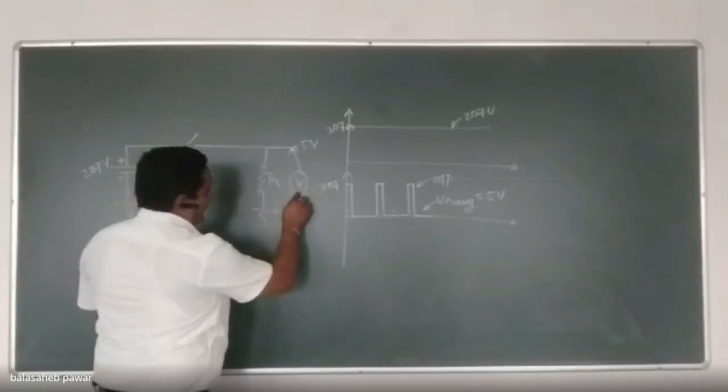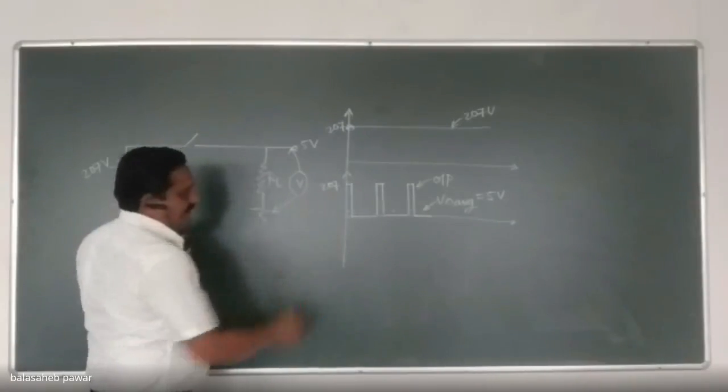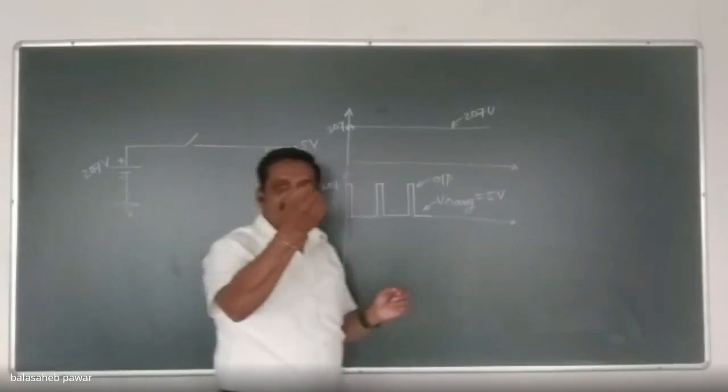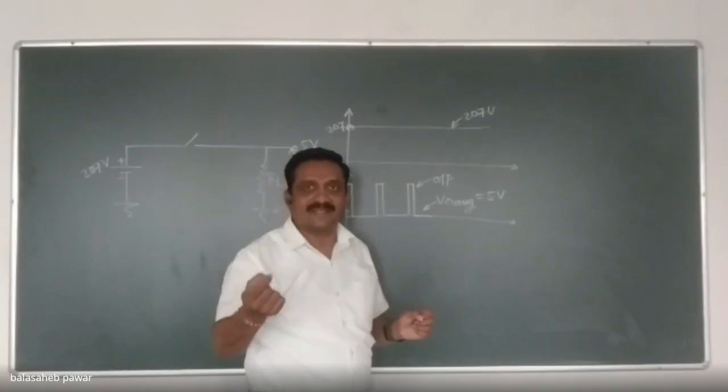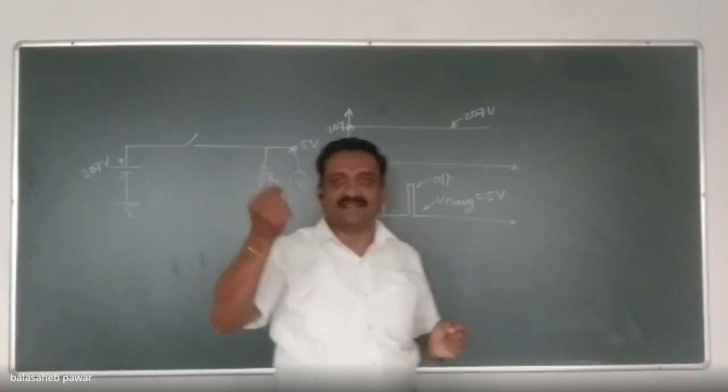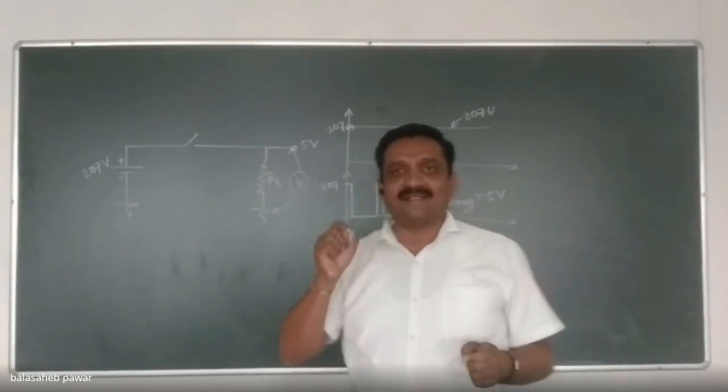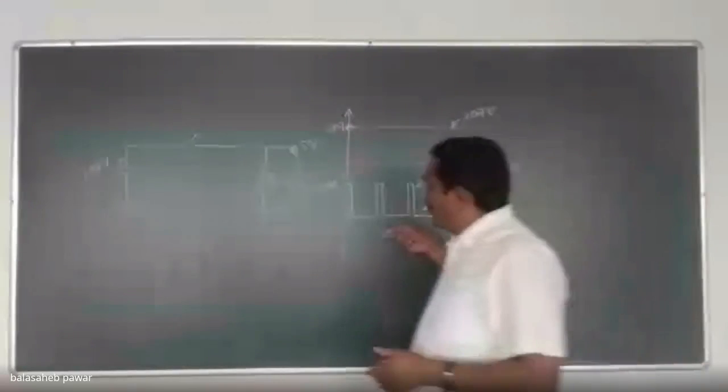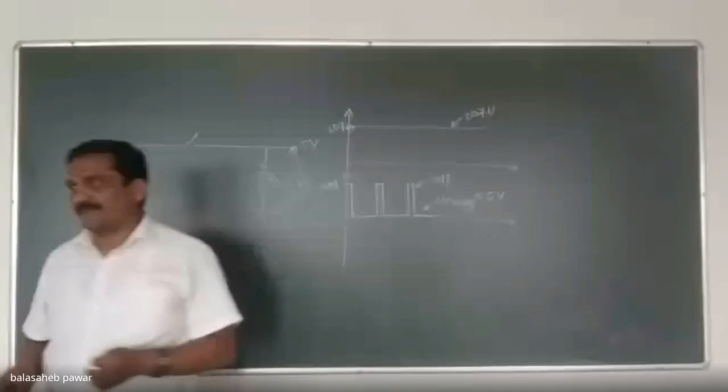Our DMM will read 207 for some time, later it will go to 0, again for some time 207, like this. No. How will that DMM read it? It will read it as an average value because we are taking the DC measurements. Right? Do you agree with this?